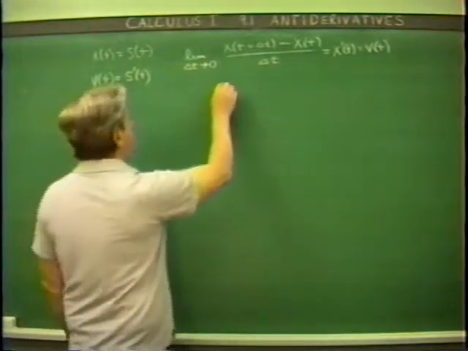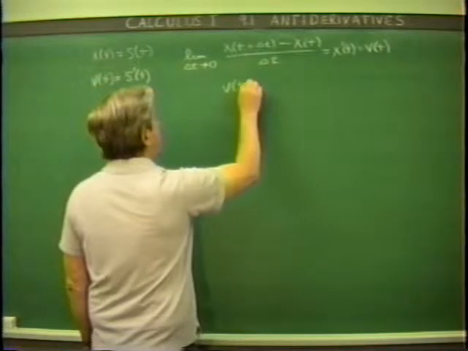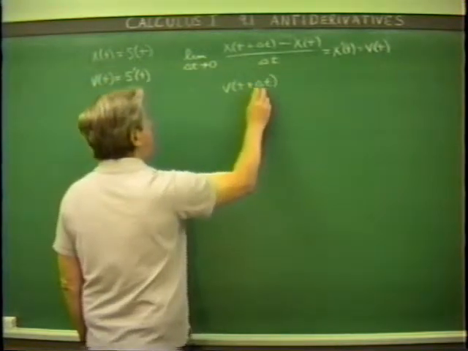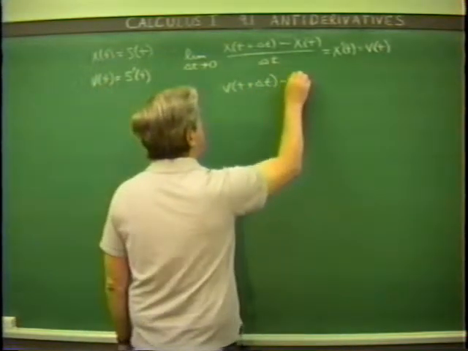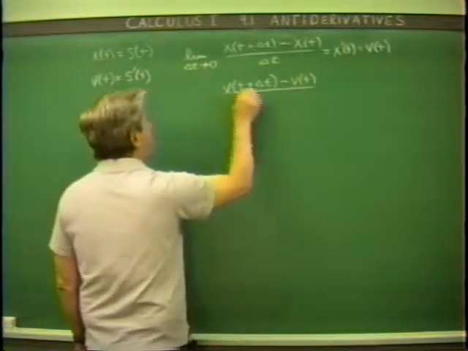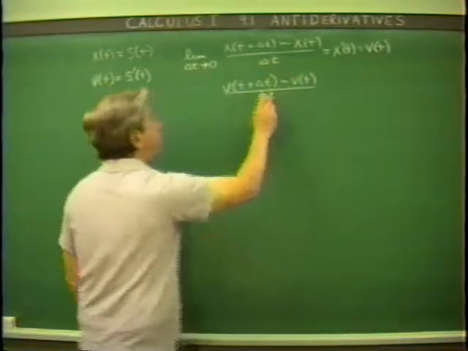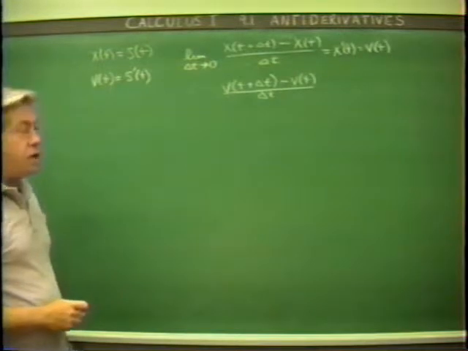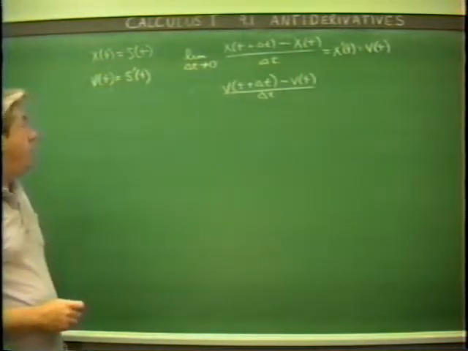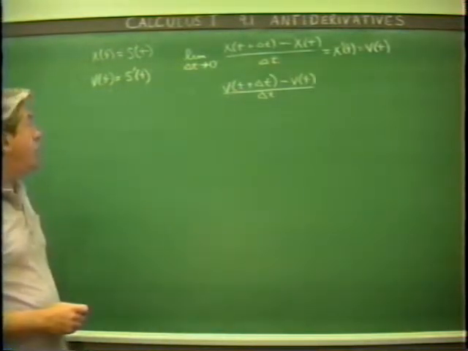Now, if you were to take the velocity at time t plus delta t, at a slightly different time, subtract the velocity at t and divide by delta t, this would be the change in velocity across the time interval delta t, and this is going to represent the average acceleration.